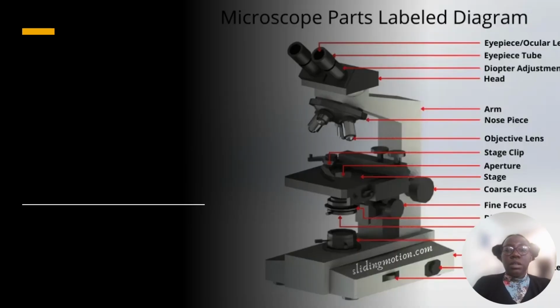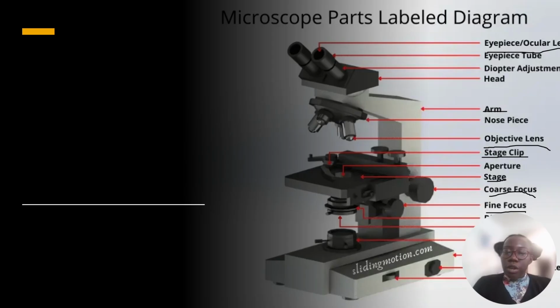Here we see the parts of the microscope. The microscope has different parts. Here we can see the ocular lens, and we have the arm, the objective lens, the stage clip, the stage, the coarse focus and the fine focus.